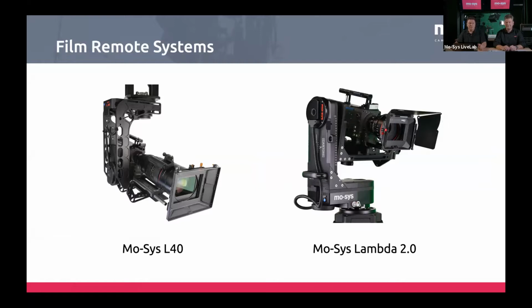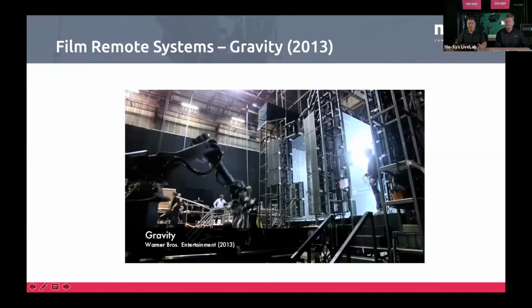The Lambda has a very strong history and is based on a head from Cartoni, and now in its new version, which is without slip rings, with through holes, and extremely strong motors. Then the project we're most proud of was Gravity, because they didn't just use our equipment, we also got involved in some development there.